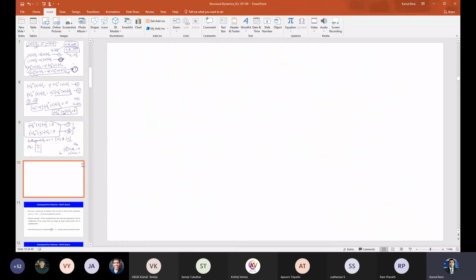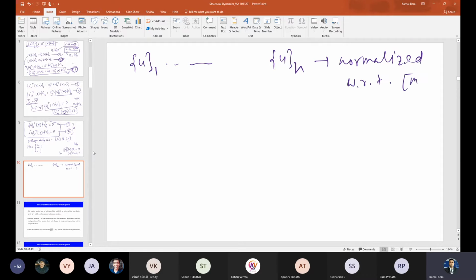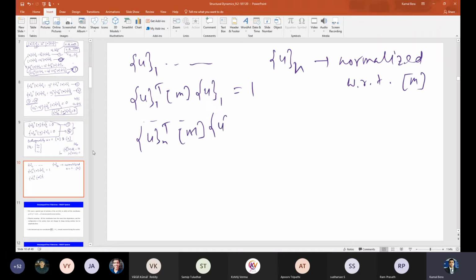So let us say we have mode shapes, all the modes, U1 to UN, all normalized with respect to M. That means U1 transpose M U1 is 1, and similarly, UN transpose M into UN equals 1.